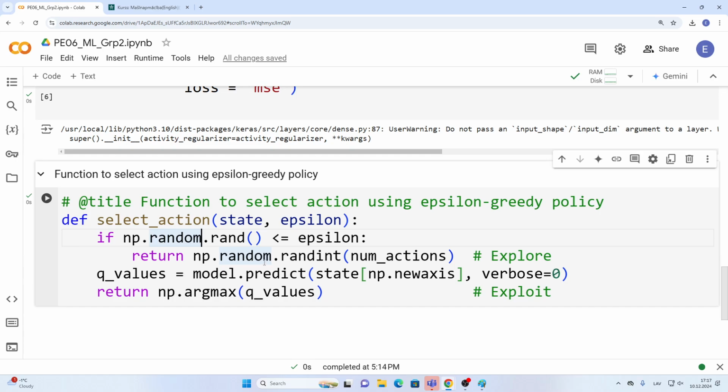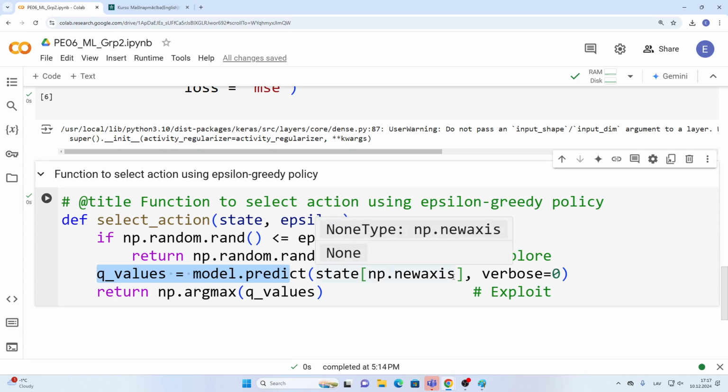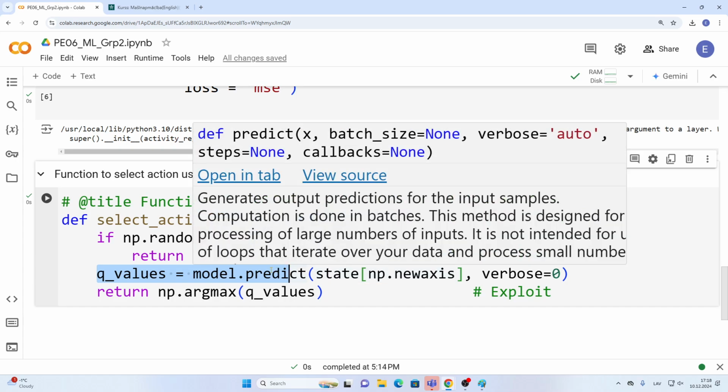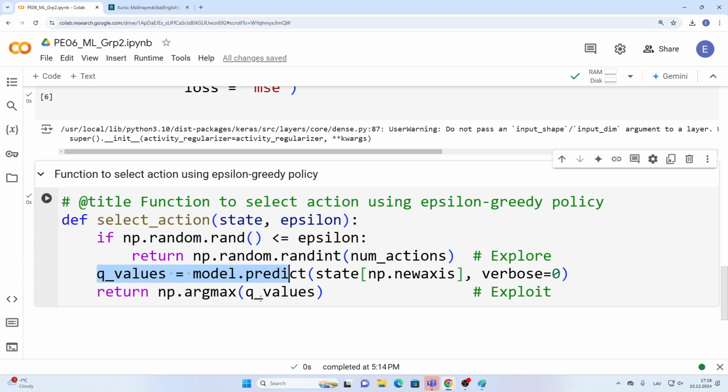Now, if, however, we did not roll low enough compared with epsilon, then it's going to run your model, which is of course slower than randomly generating one number. Now it's actually going to run this neural network with your state and make a prediction of Q value. You need to realize it calculates a Q value for each of the possible digits, for 0, for 1, for 2, for 3, and so on.